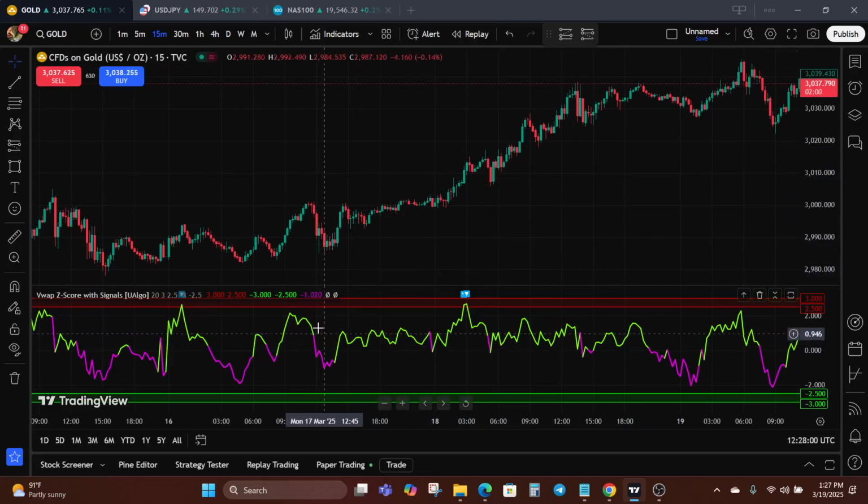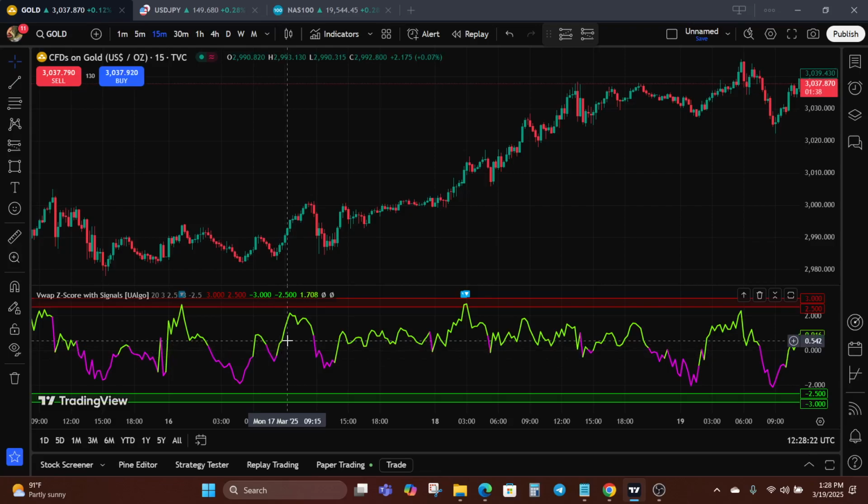Now we can see that here we had a buy signal from the VWAP Z-Score with signals indicator. We got a buy signal when the indicator changed color from purple to green.